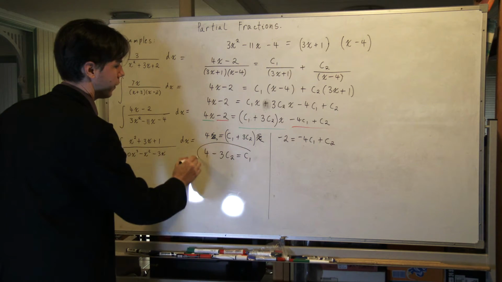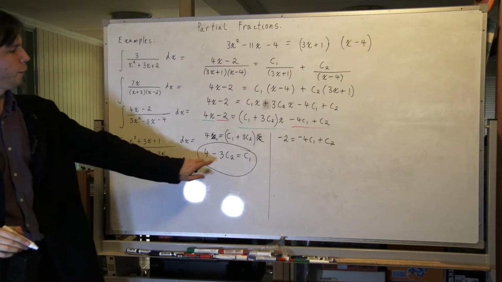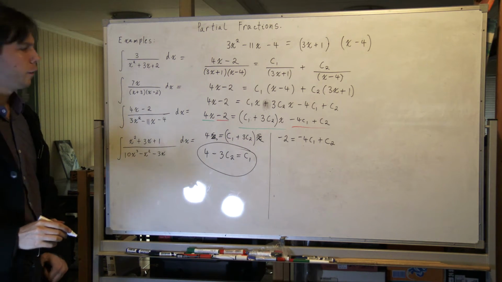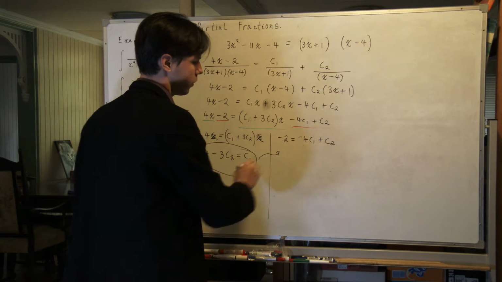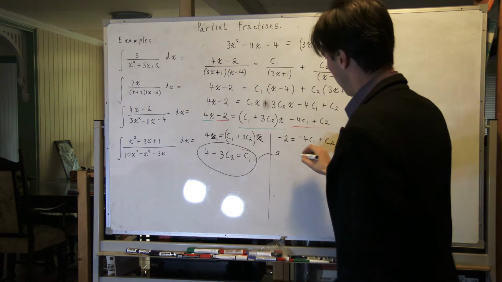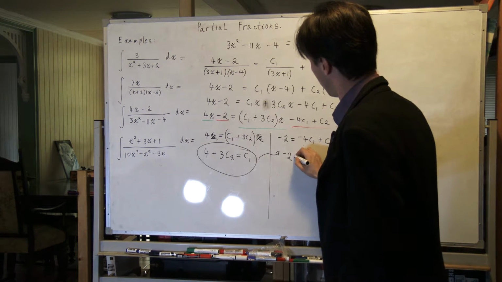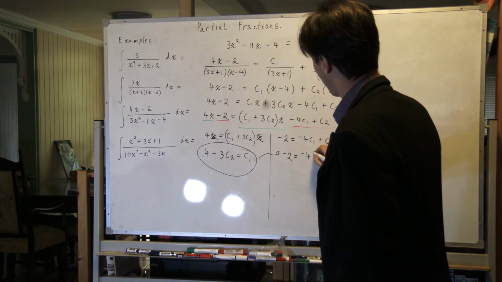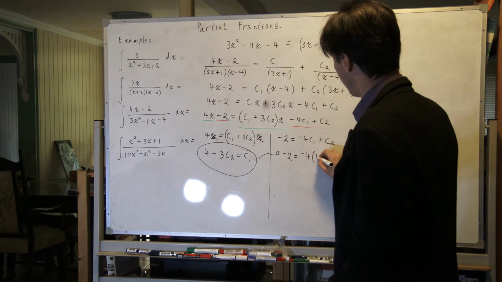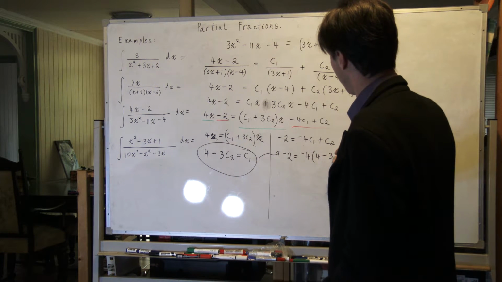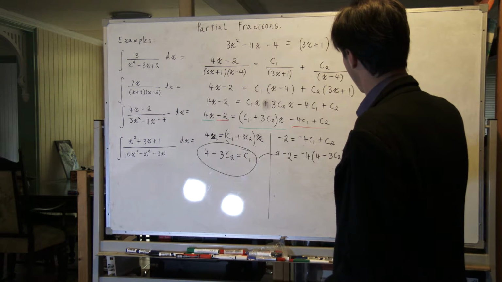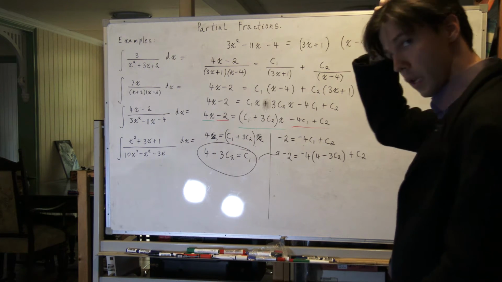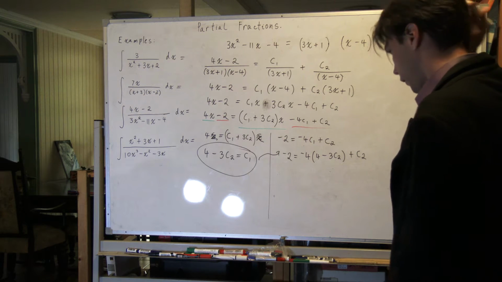So everywhere I see C1, I can swap it out for 4 minus 3C2. And I see this over here, so I substitute it in. I have negative 4 times C1, so it's negative 4 times 4 minus 3C2. There we are.